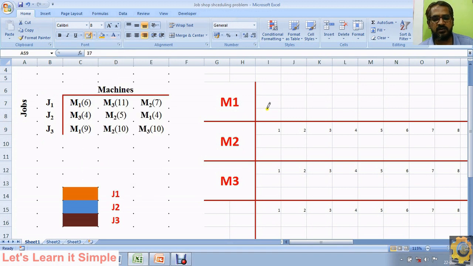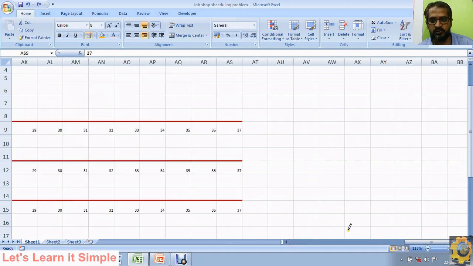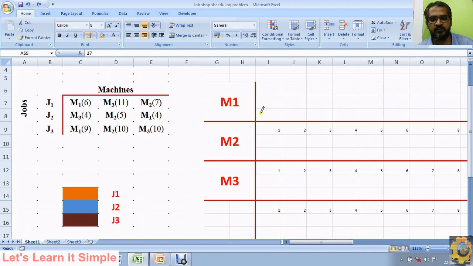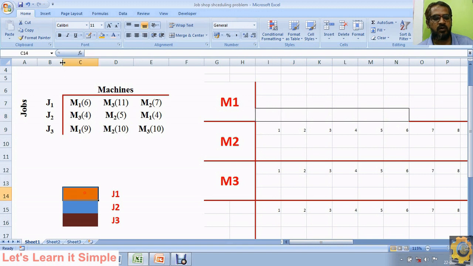So I'm selecting a border and drawing this. That is, job 1 goes to machine 1 and it takes 6 time units. It is here. So job 1 on machine 1 is taking 6 time units.